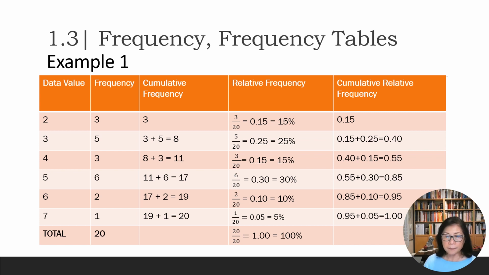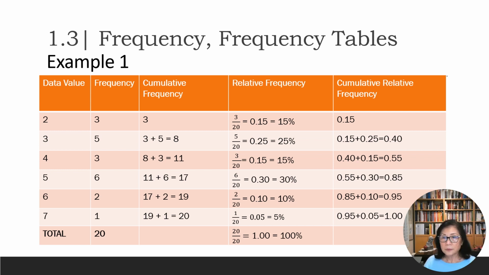When you're adding up 0.15, 0.25, 0.15, 0.3, 0.1, 0.05 should equal 1.00. If you're adding up all the percents, should be 100%.